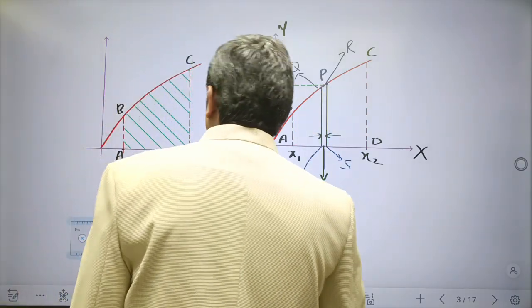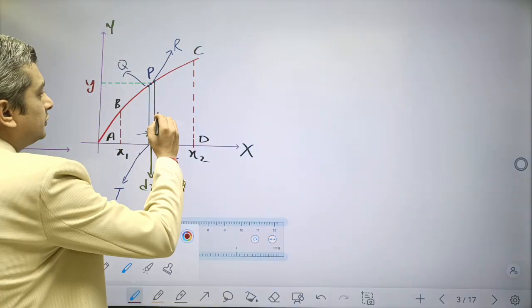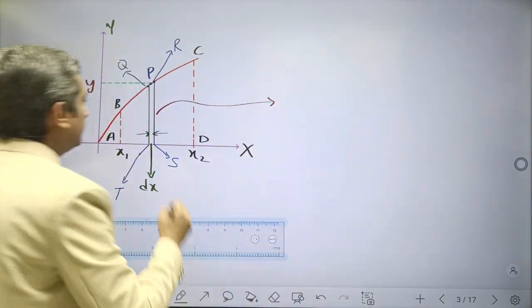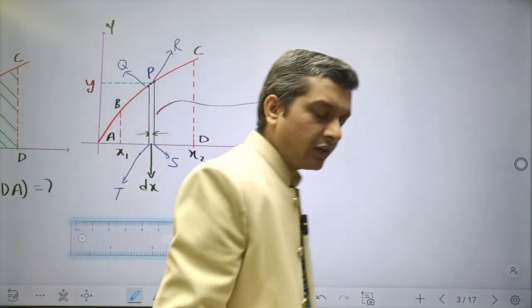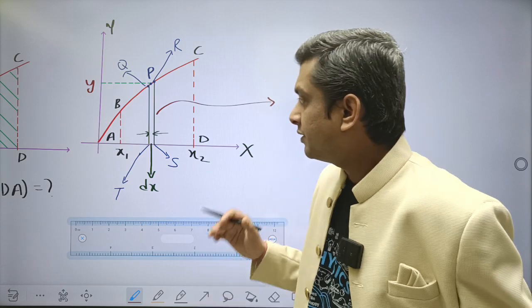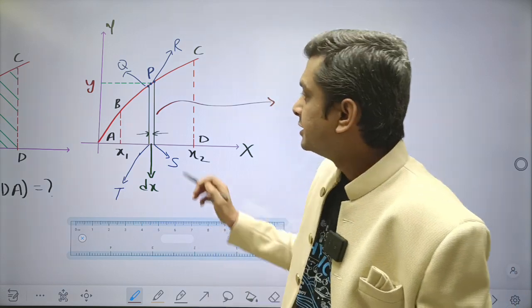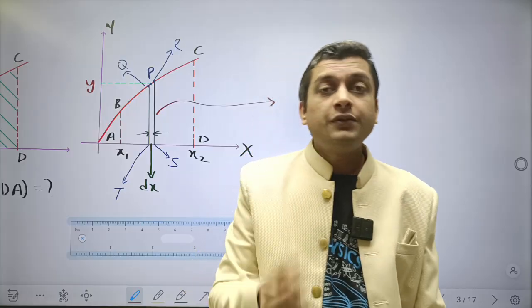So what happens, dear students, if I zoom this elementary strip? Understand very carefully what happens when I zoom in. First of all, the very first question you may ask is, sir, why have we taken this elementary strip with very small width?